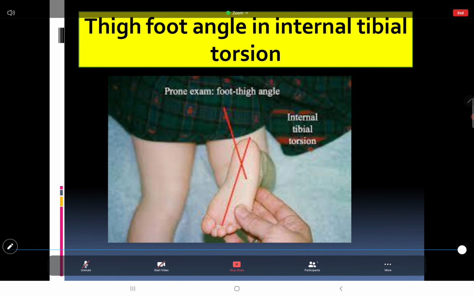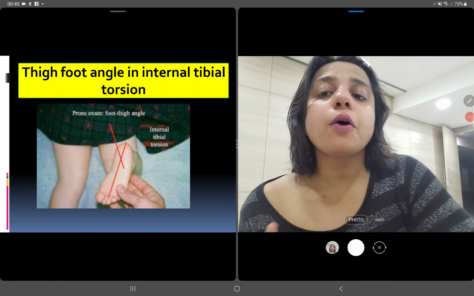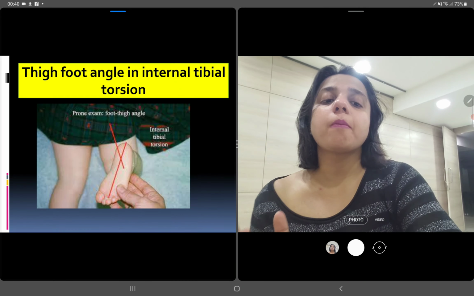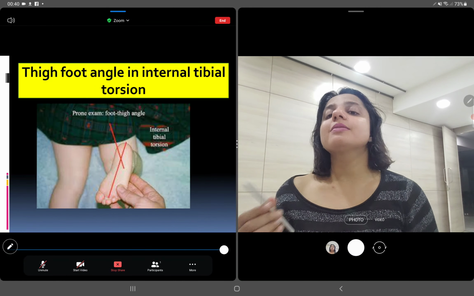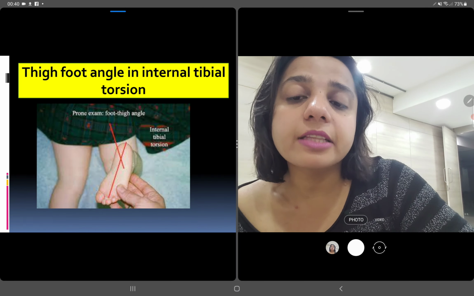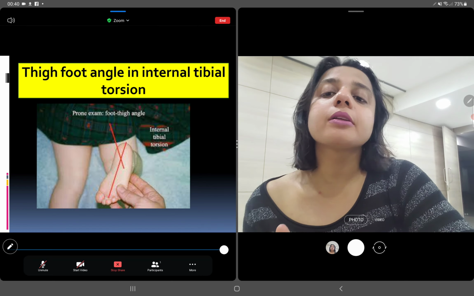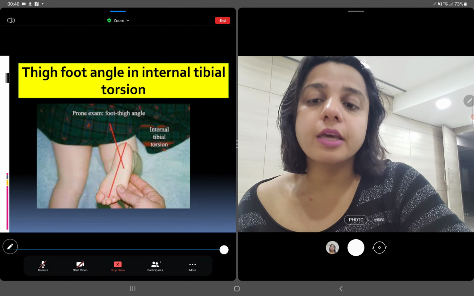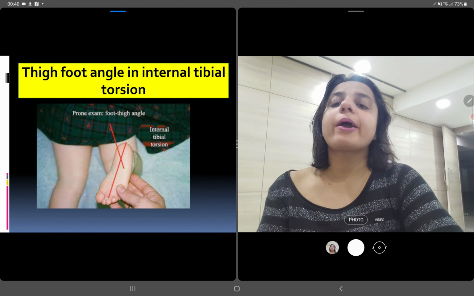Okay, now you have to rule out whether the problem is in the tibia or not. How will you check if there is internal tibial torsion or not? You will make the patient prone, and you will see the thigh foot angle. Now you can see the foot axis is pointing inwards.